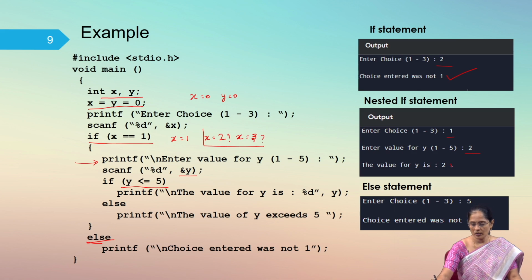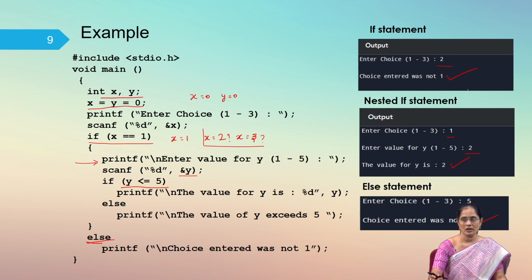This is how it works if both the conditions are true. Then the last case is, what if the choice is not entered between 1 and 3? Again the condition x equal to 1 fails, so the message will be choice entered was not 1, fine.